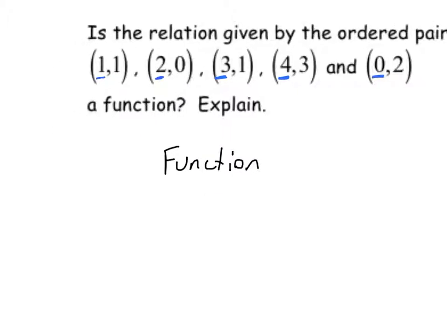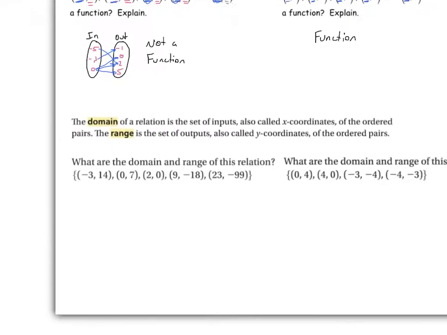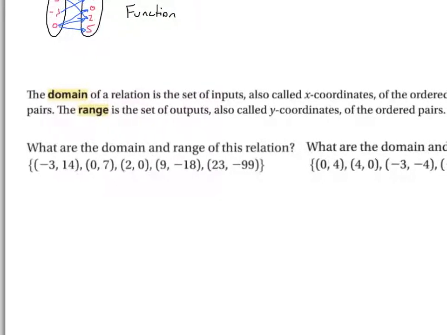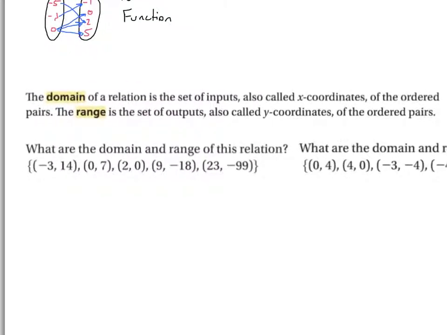Next, we want to talk about domain and range. Things you want to remember, and the nice thing is that this always goes alphabetical order. X always comes before Y, alphabetical order, right? Input comes before output in alphabetical order. Domain comes before range in alphabetical order.